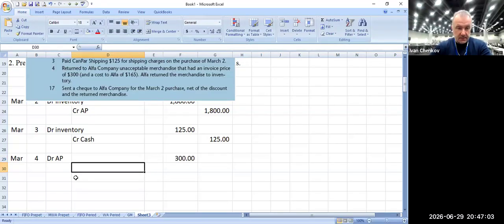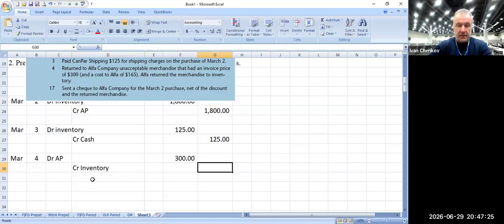And since we shipped it back, we don't have it in our inventory. We return the inventory, send it back to the seller, and we don't have to pay for it. Credit inventory with $300. Let's see the next one. Next one is on March 17th.